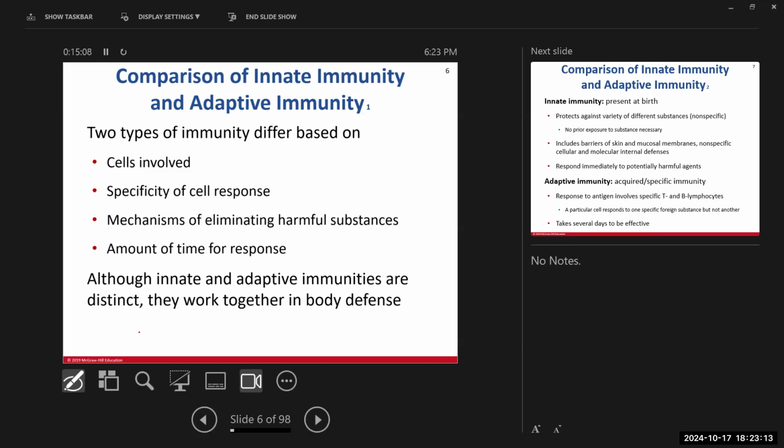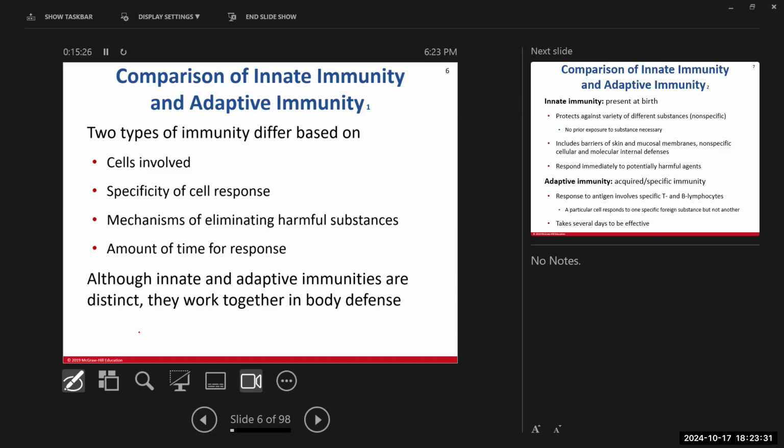All right, so when we're discussing immunity, what's different? One is the cells that are involved in each response. Some cells are going to be specific for innate immunity, some cells are going to be specific for adaptive immunity.